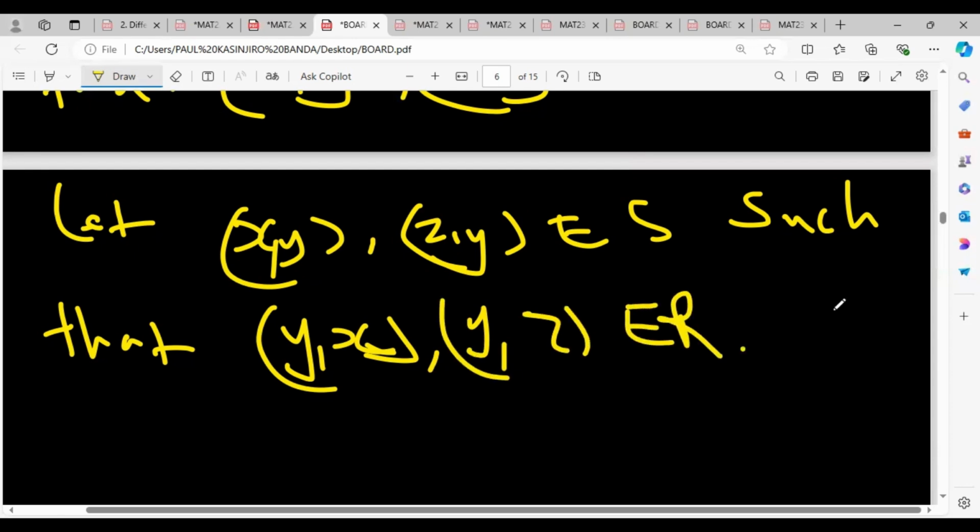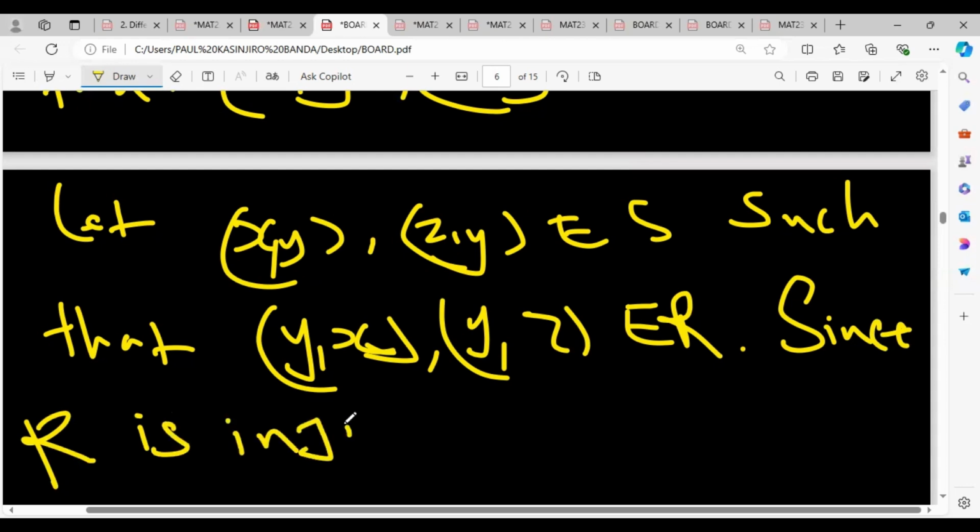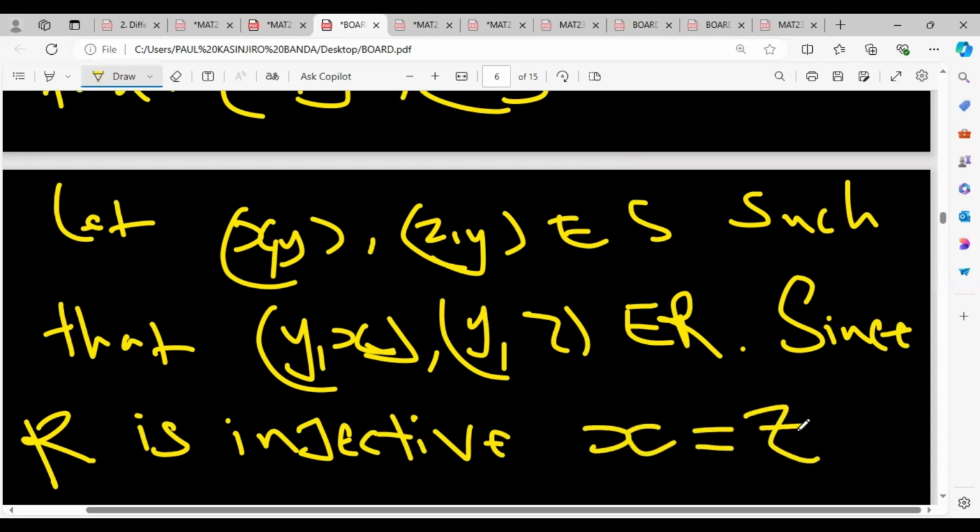Then from here we can take advantage of the fact that R is already injective. So we can say that since R is injective, then what does that mean? If R is injective, then it means that my x will actually be equal to z.